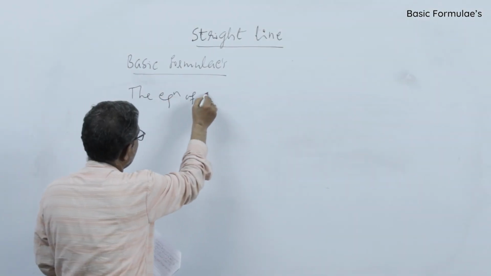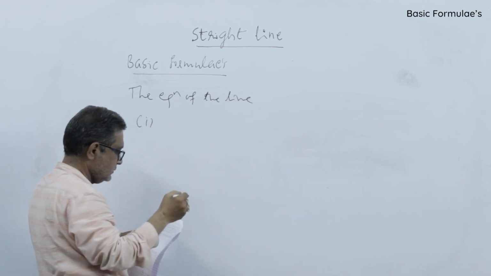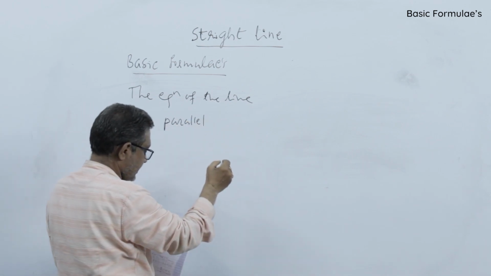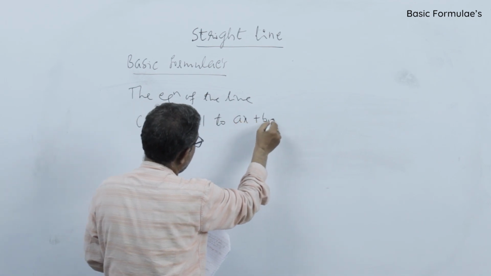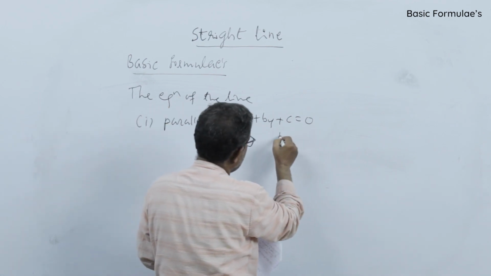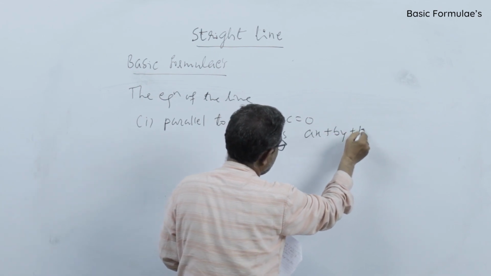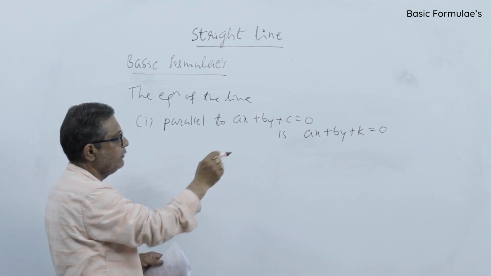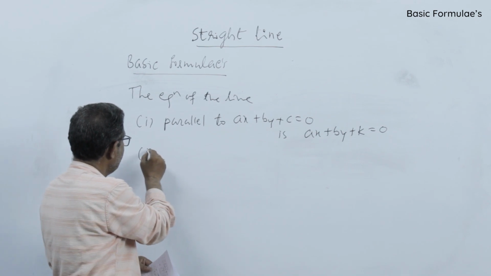The equation of the line parallel to Ax plus By plus C equal to 0 is Ax plus By plus K equal to 0, where K is to be determined.